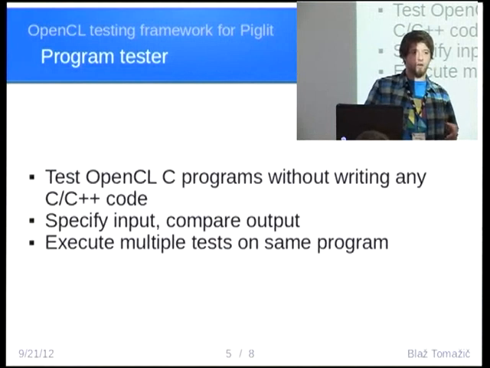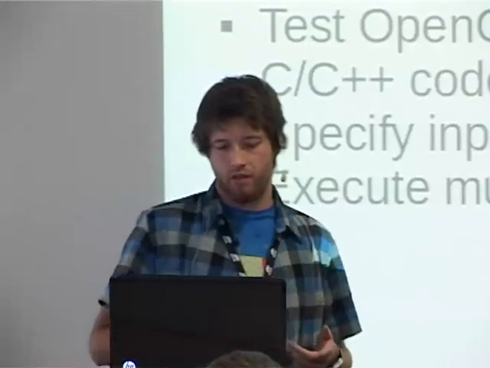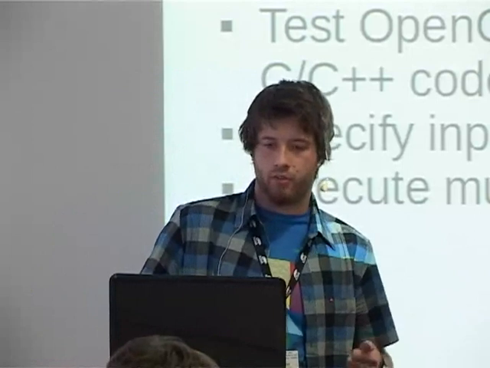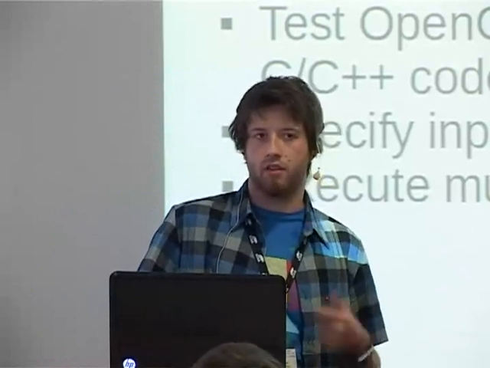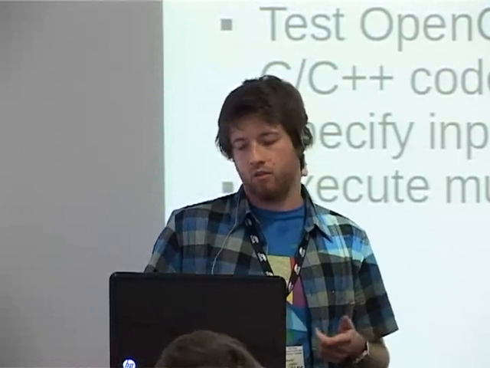So you don't need any coding in C or something. You just create a CL file that, when it's passed to this binary, tests itself. And in this configuration, you can specify inputs to the kernels and specify what output to expect.